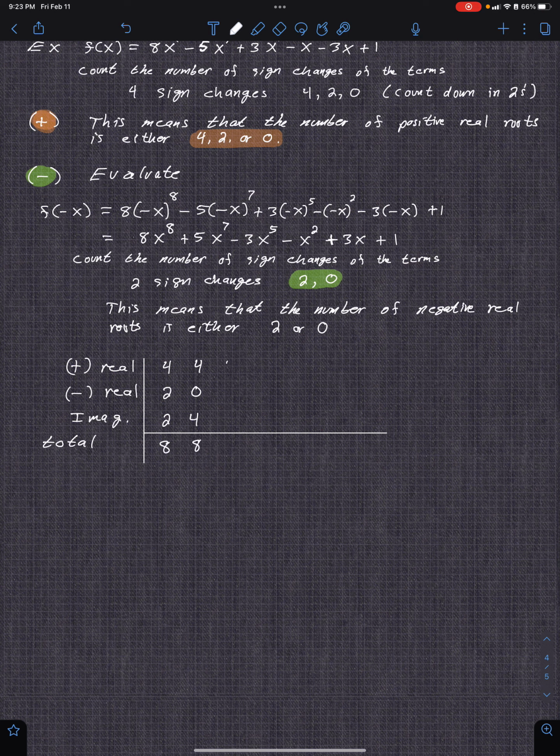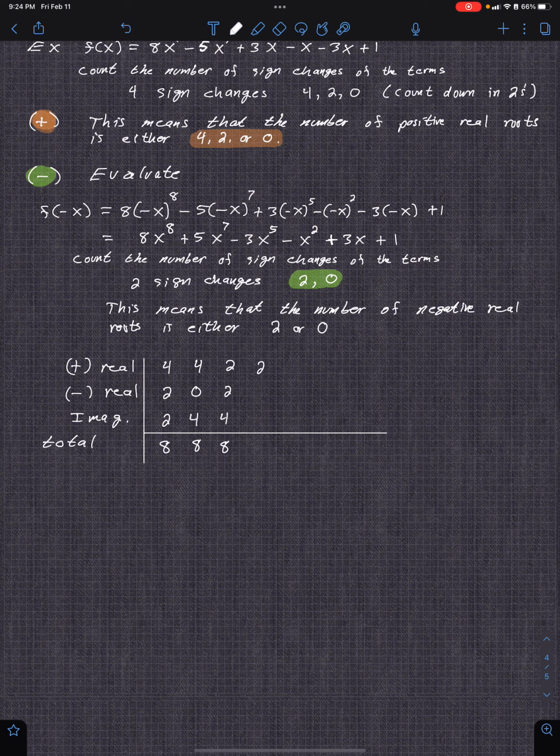Then we go to the next one. So 2 positive and 2 negative, then there must be 4 imaginary, which adds to 8.